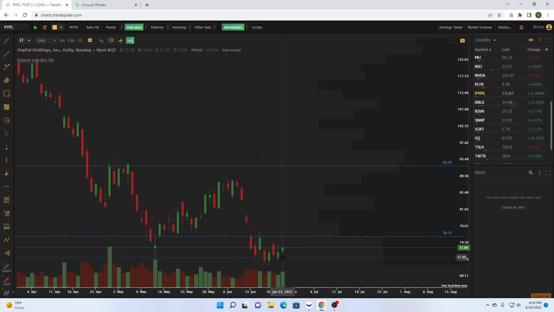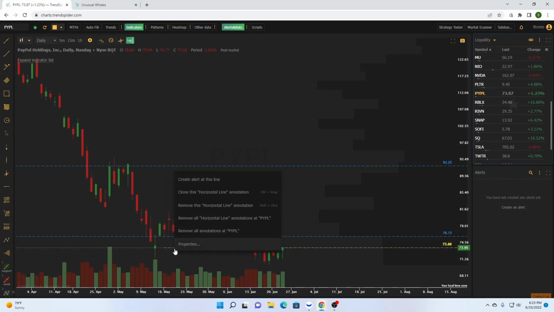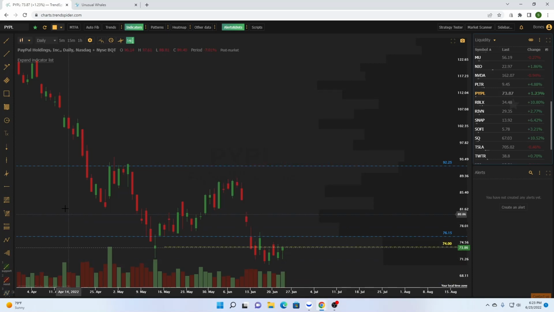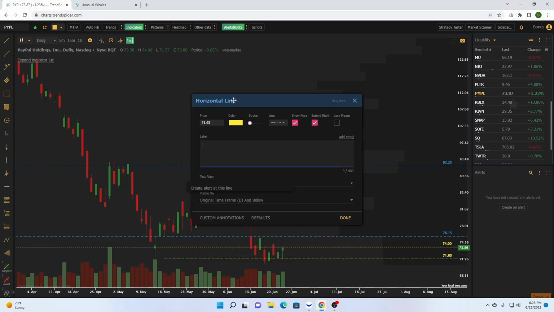In this case, we have a high here at 74, so it might be a very quick move as we ended at 73.86. So I'll probably use ORB in that case. But first thing, I'm just going to throw down the high here at 74, and the low here at 71.57. So throw these down, and I'm going to look into this.